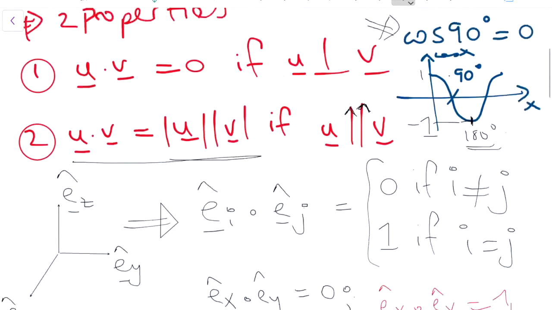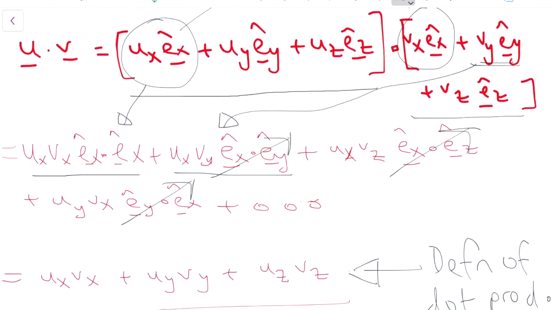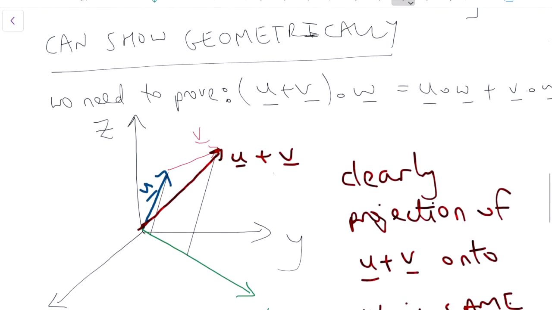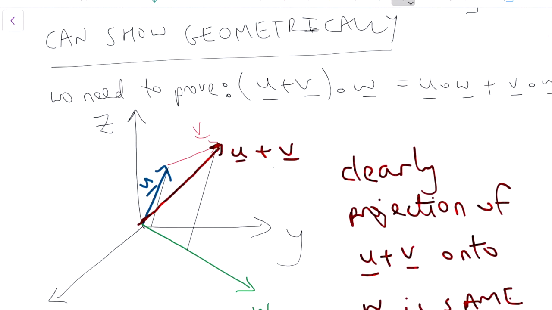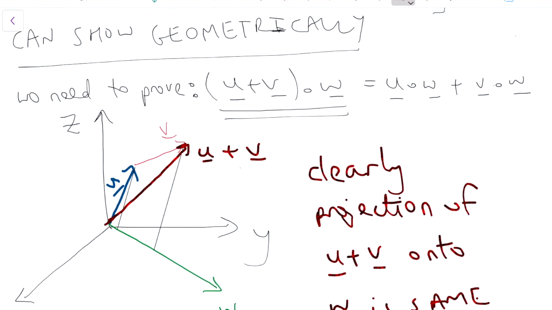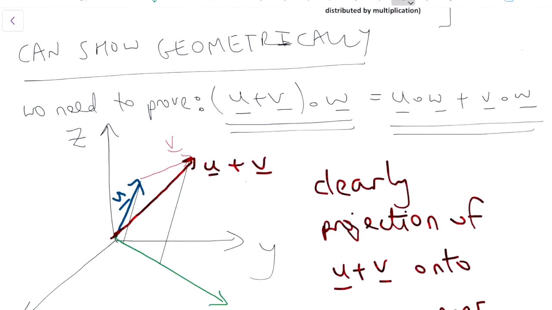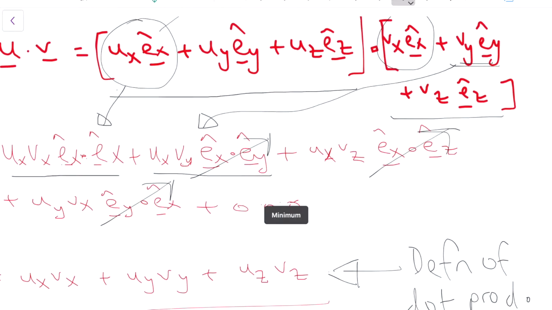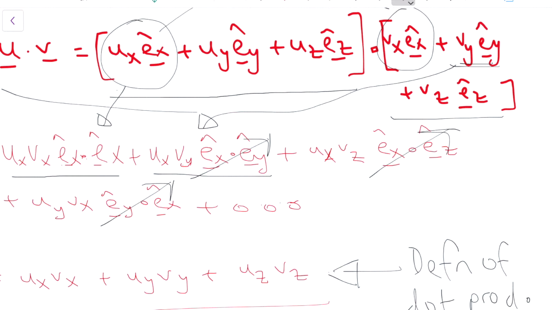By linear, I mean we need to prove that u plus v dotted with w is the same as u dot w plus v dot w. If we can prove this, then we are allowed to distribute the dot product over the brackets as we've done here.